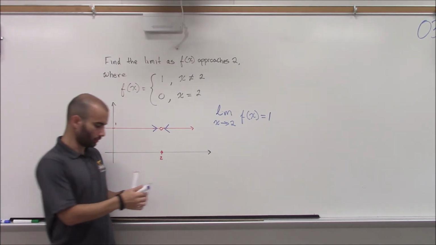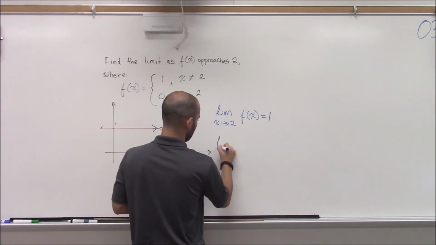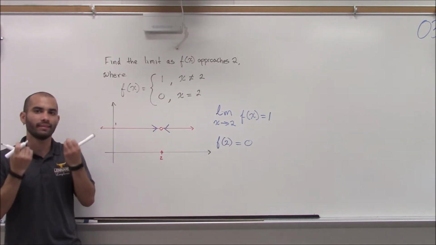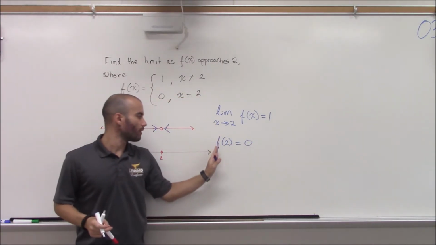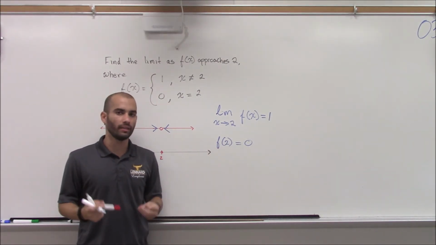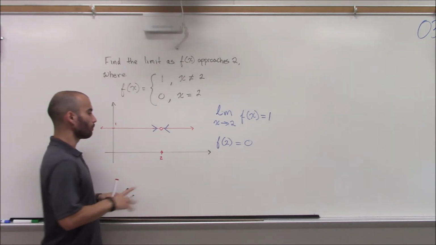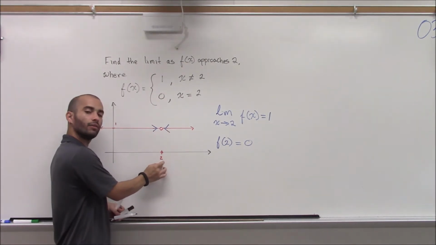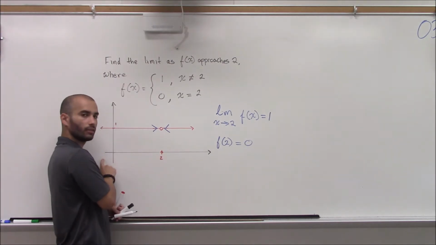F of 2 is equal to 0. But the limit and what the function actually is at that particular value don't always have to be the same thing. We're approaching 1 as we get closer and closer to 2, even though the function at 2 is 0.